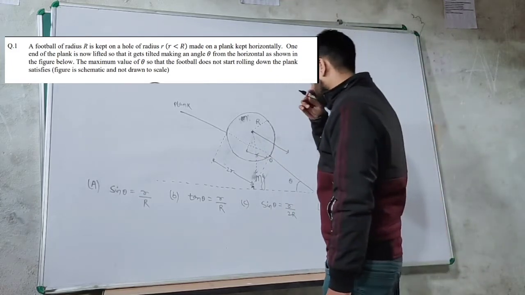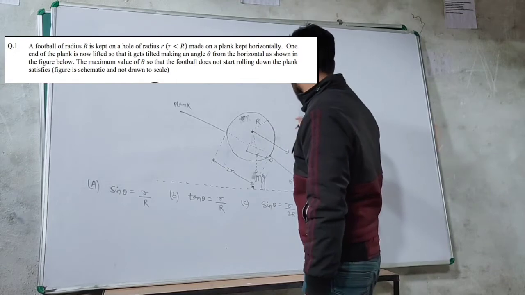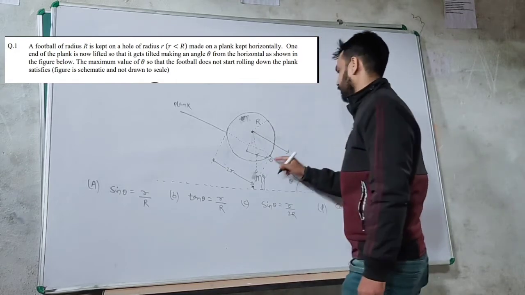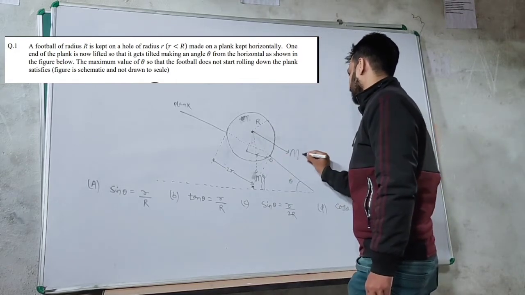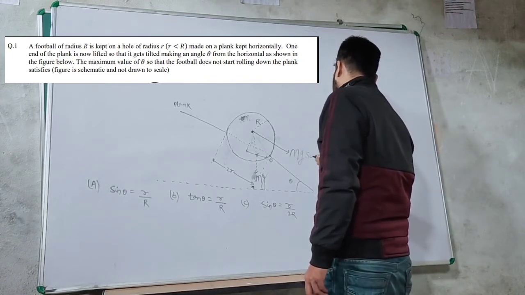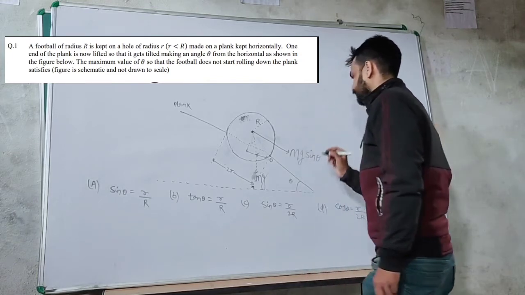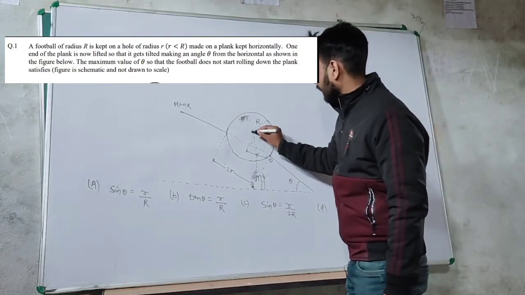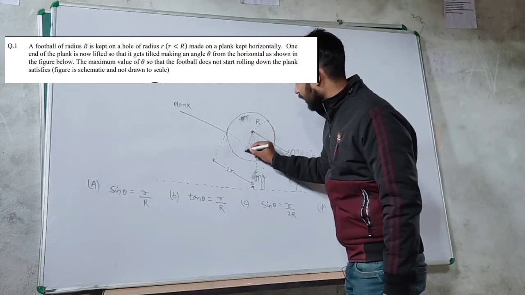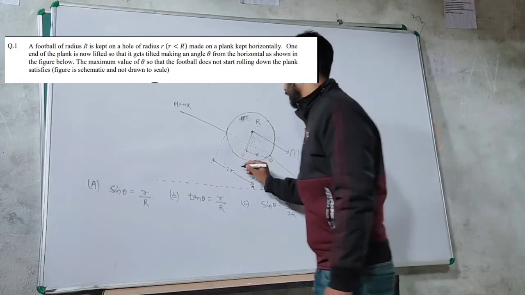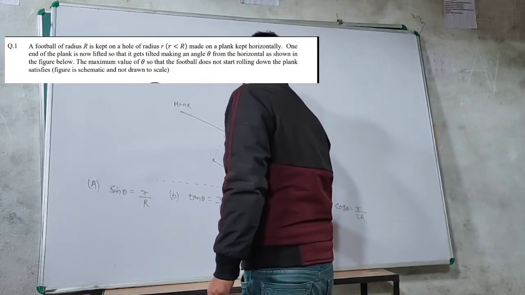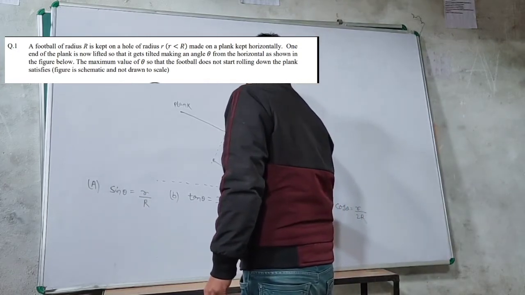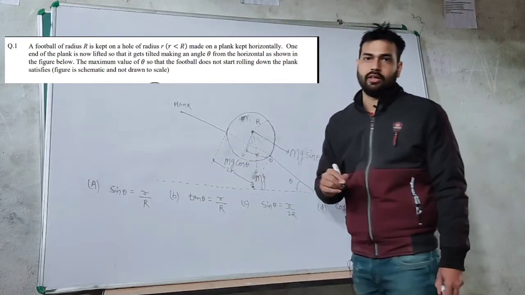The component of mg along the plank is mg sin theta, and the other component of weight is mg cos theta.